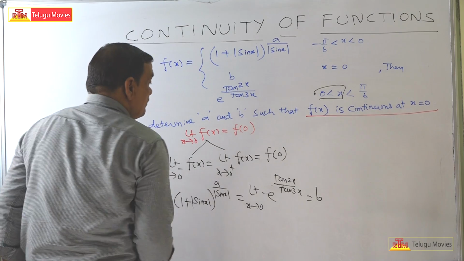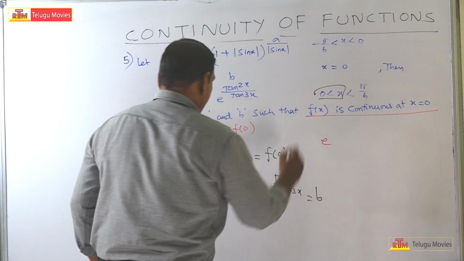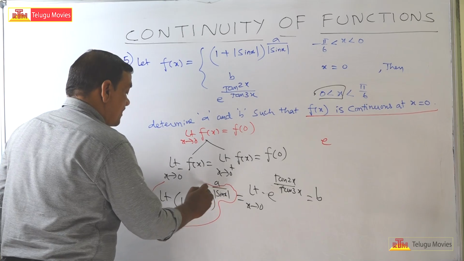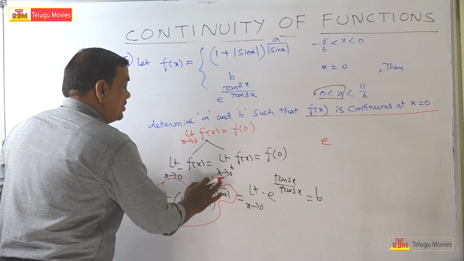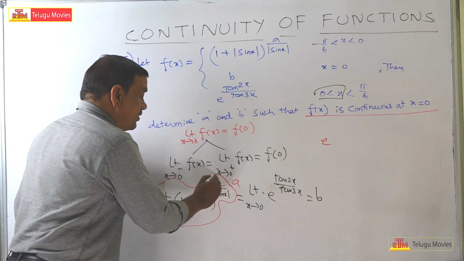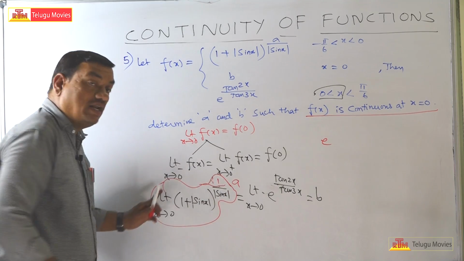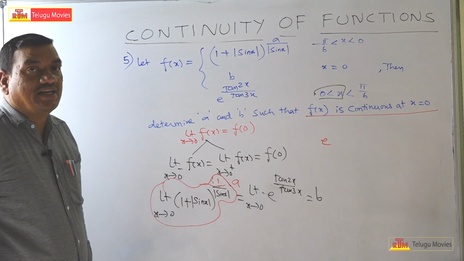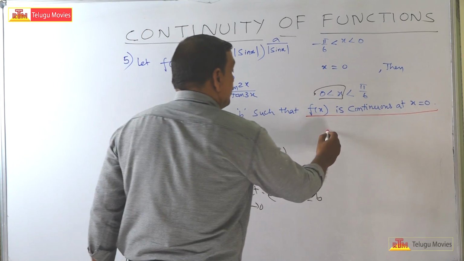Therefore, this value is given as e to the power of a. Up to here, limit x tends to 0 of (1 plus x) whole to the power of 1 by x is the direct standard form, so the value is e to the power of a.